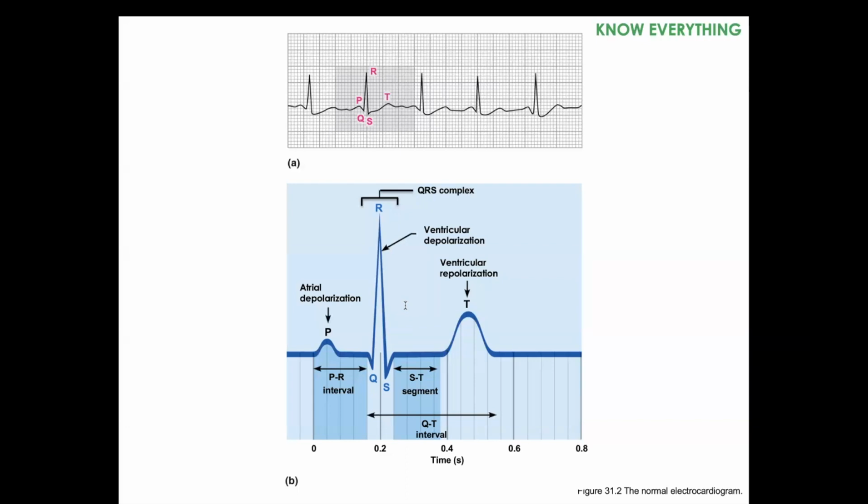We will also see segments and intervals on our ECG readouts. Segments are flat portions indicating that the membrane potential is at resting potential or that there is a pause in the conduction at that point. Intervals will have a baseline segment and a wave included.